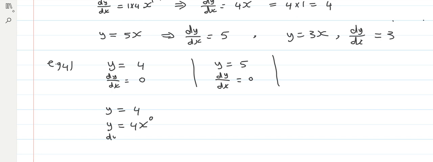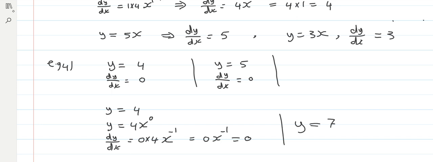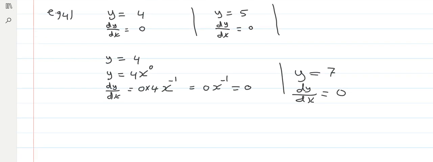And when we differentiate this function, it's going to be 0 times 4. X 0 take away 1 is minus 1. So you're going to end up having 0 x minus 1, which is equal to 0. Okay? So you don't need to do all these steps. Basically, for one number by itself, the differentiation will be 0. Okay? Let's move on to the next example.